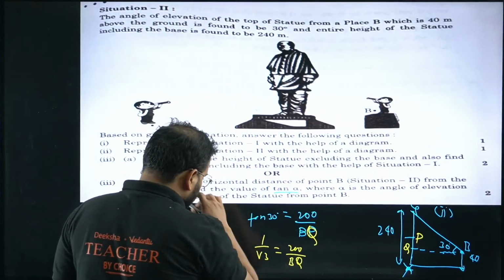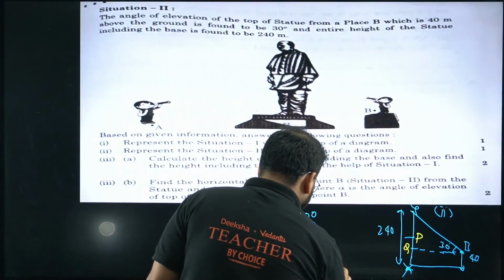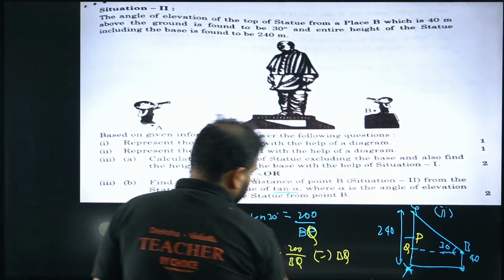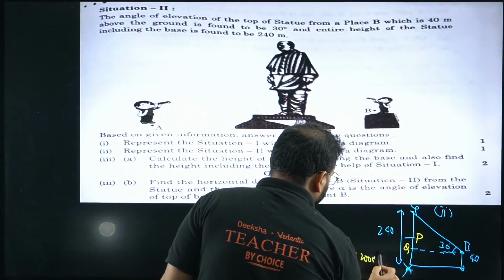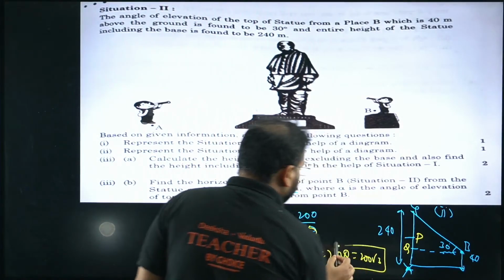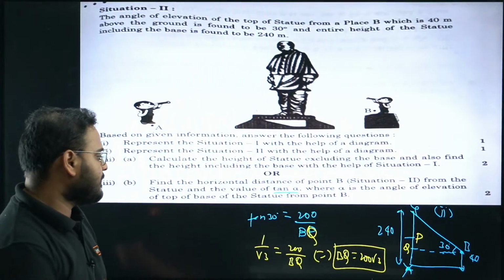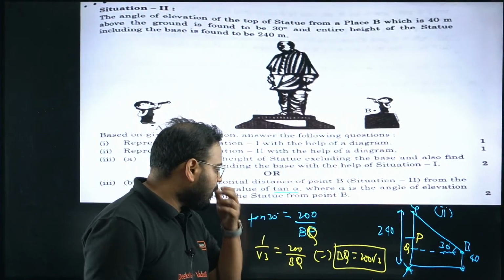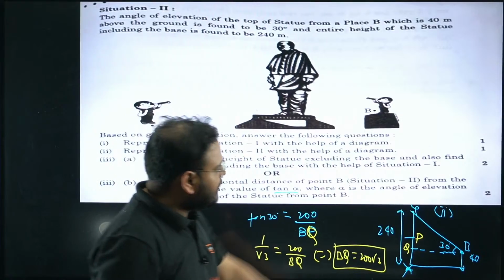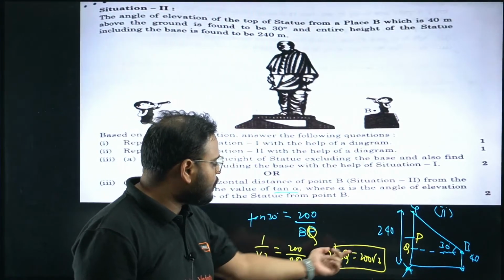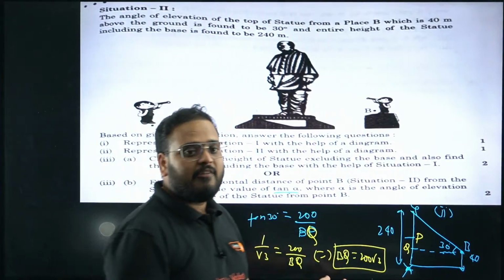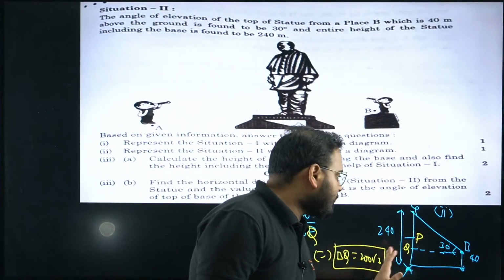Cross multiply, BQ will be 200 root 3. Tan 30 is nothing but 1 by root 3, so 200 times root 3 is the distance of the point B from the statue.